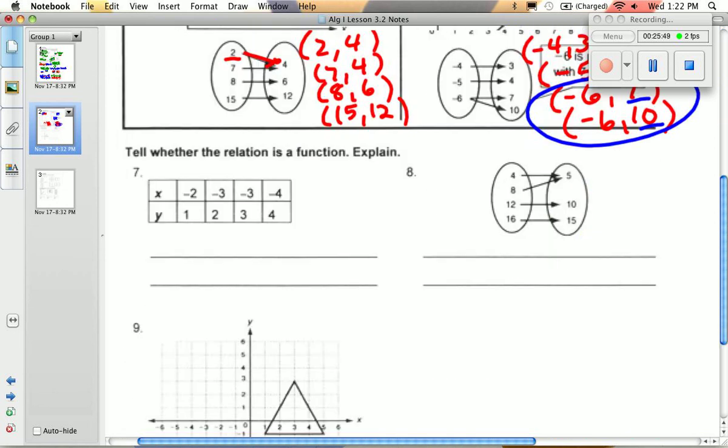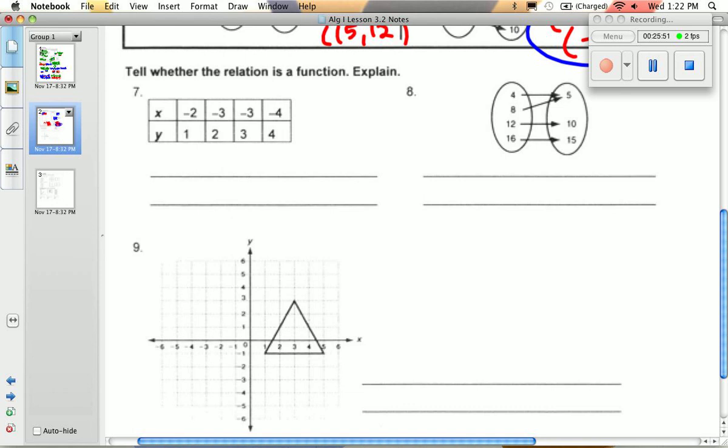Okay, so let's go on and practice that. Number 7. What do you think? Does that table of ordered pairs, that relation, represent a function? Yes or no? I say no. No, why not? Because the -3's repeat in the x. Yeah, when you have x equals -3, you got 2 and 3, so we're going to say not a function. And it says explain.